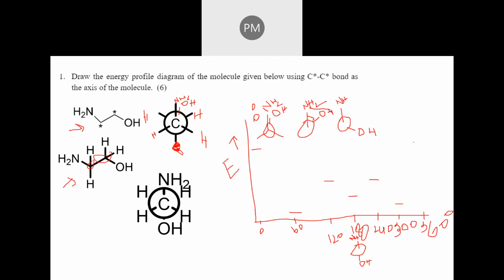Again at 360 degrees, this one will be here. So our energy profile diagram will be like that.